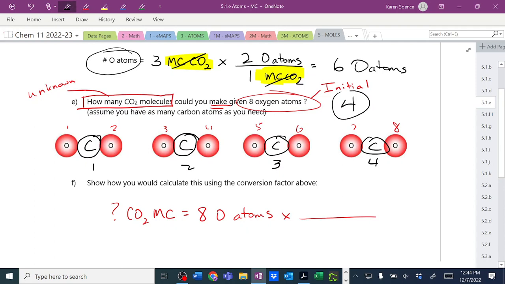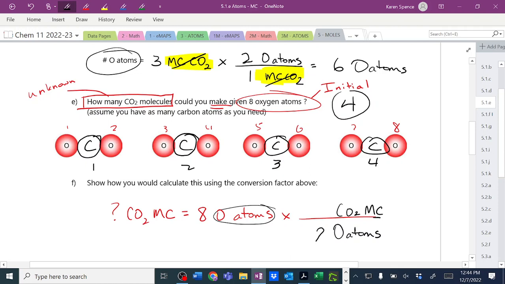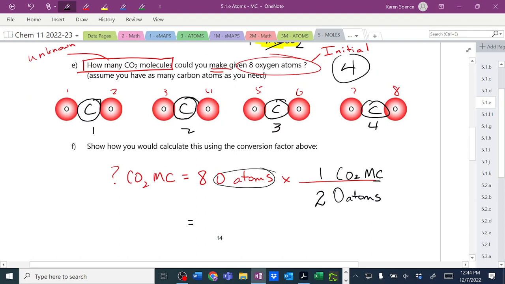So we now need to cancel O atoms and find CO2 molecules. And there are 2 O atoms in every 1 CO2 molecule. So 8 times 1 divided by 2 is 4 CO2 molecules. So that is how you would show the work for that using conversion factors. Is that good? Okay.